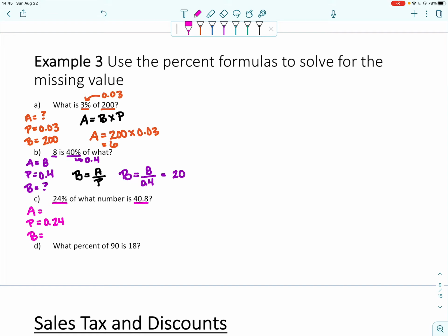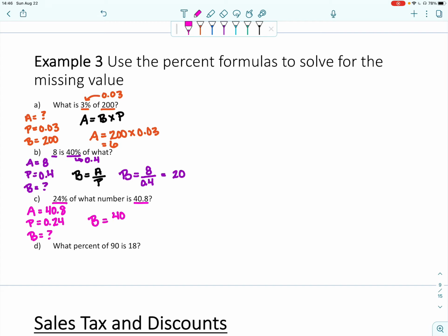So 24% of what total is the amount 40.8? So 40.8 is A. 40.8 is 24% of what number? I can rewrite that sentence to look like the previous one. So we're looking for B again.